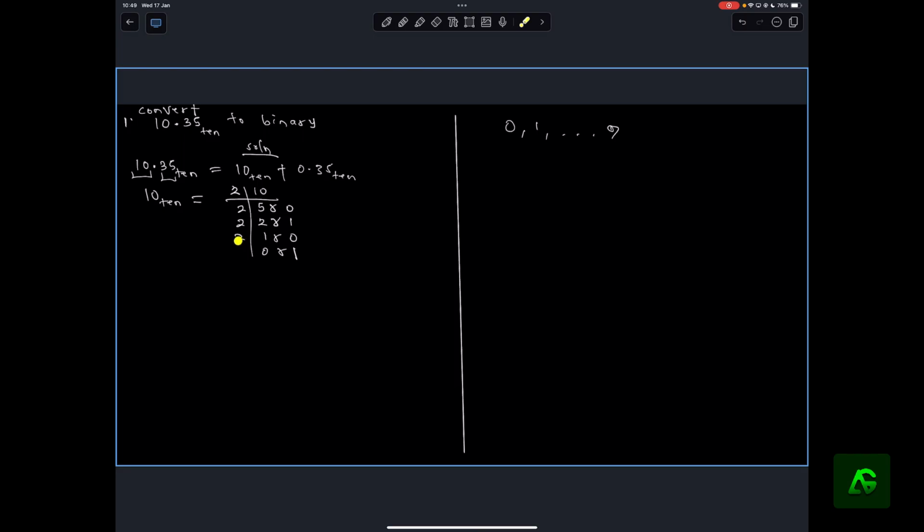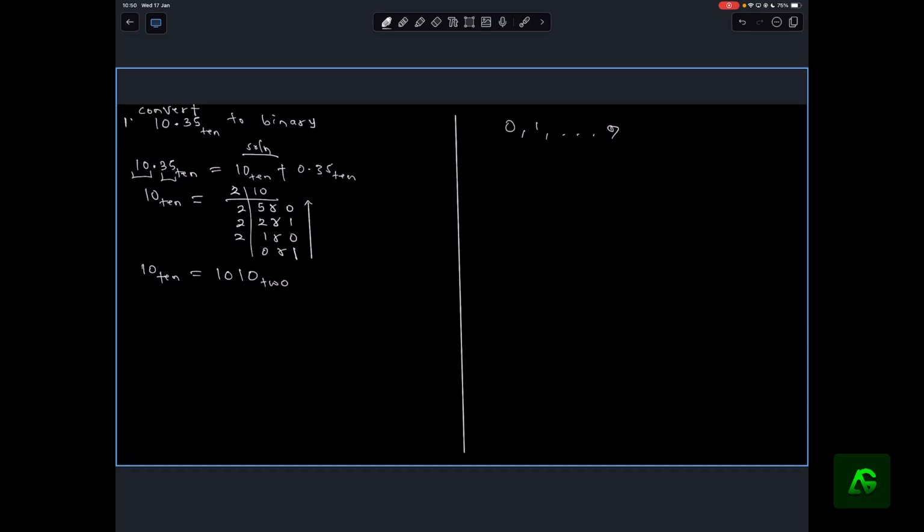Anytime we see that this value is beyond this, we'll just write 0 here. Whatever is there will be the remainder. So back to the solving. Our answer will be taken from bottom to top. So that means we have 10 in base 10 equal to 1010 in base 2.